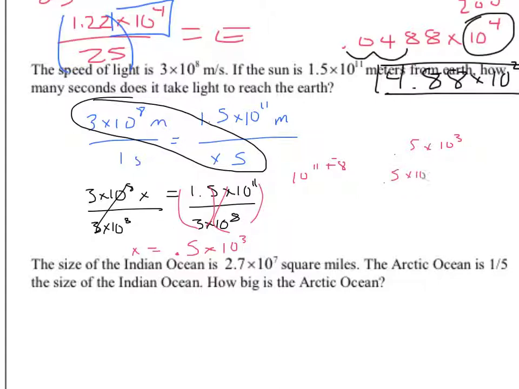I'm going to take one of them away. That's going to leave me with 10 to the second power. This gives me 5 times 10 to the second power, which is actually 500, which tells you that it is in the range of 7 minutes. 7 minutes? Very slow to take the light to get from the sun to the earth. So the light that you are seeing from the sun, that happened 7 minutes ago.